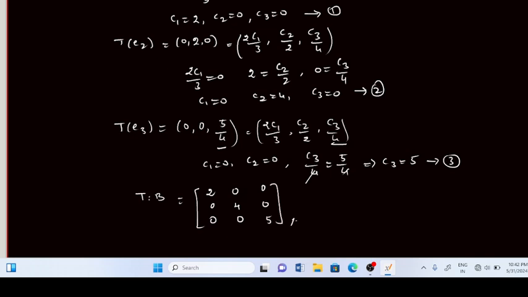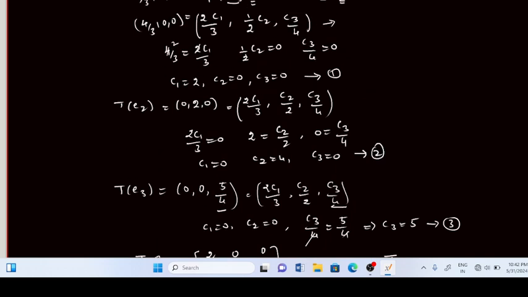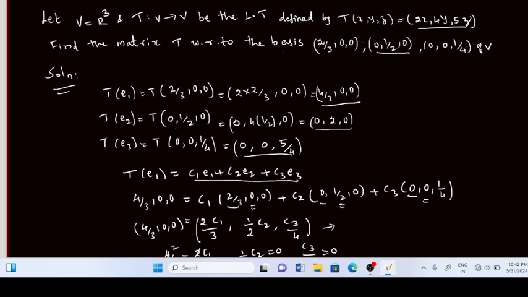This is nothing but the matrix of T for the basis (2/3, 0, 0), (0, 1/2, 0), (0, 0, 1/4).